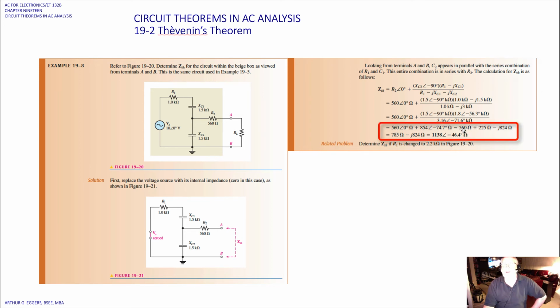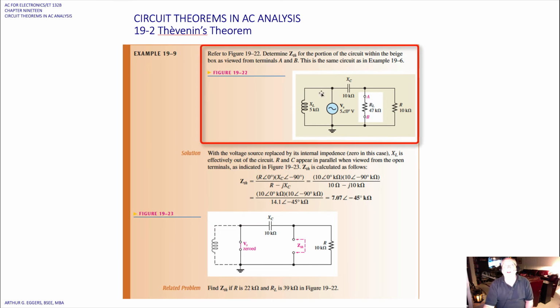This gives us 560 ohms. Okay, that stays just as is, and our polar form here then becomes 225 minus J824 when we do our conversion. Now we can combine our terms, real and imaginary. 785 minus J824, do our polar conversion, 1138 at an angle of minus 46.4 ohms.